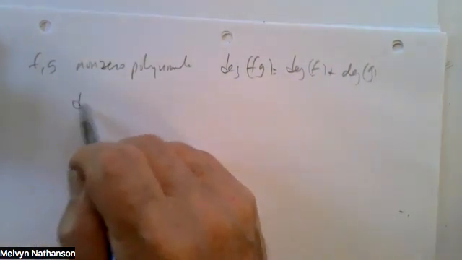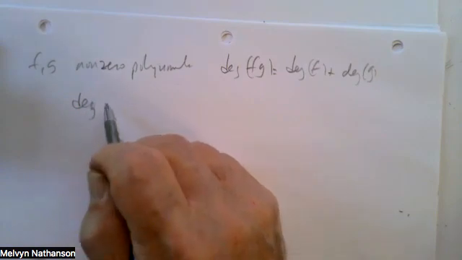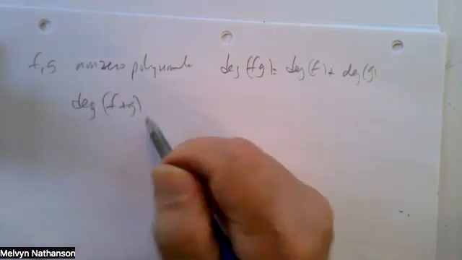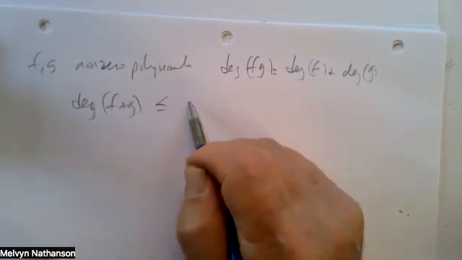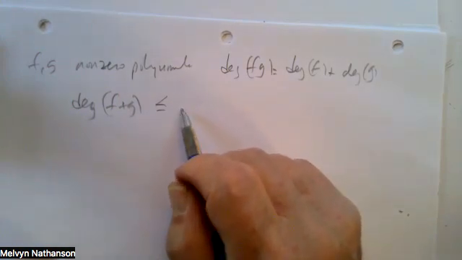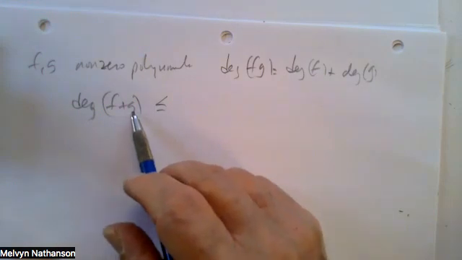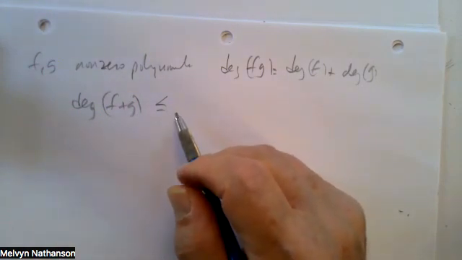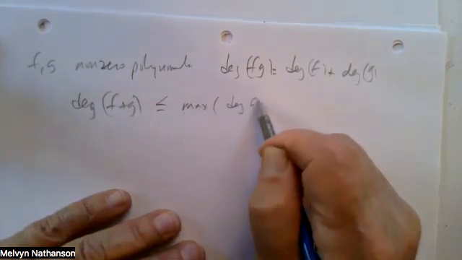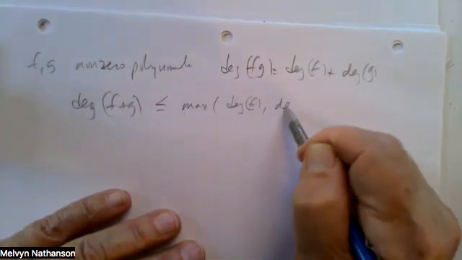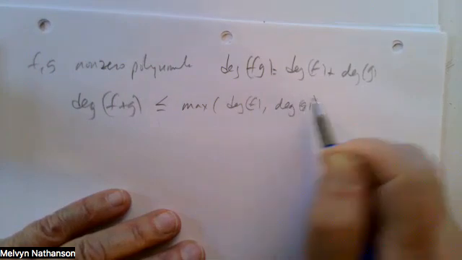And the degree of f plus g is at most, if they have the same degree, there might be some cancellation. If they have different degrees, it's the larger. So it's at most the maximum of the degree of f and the degree of g.